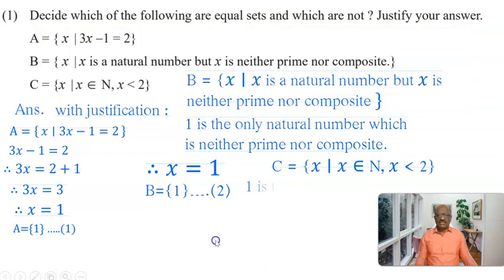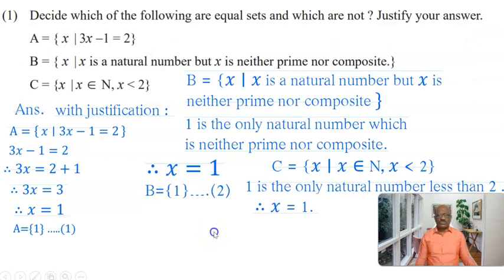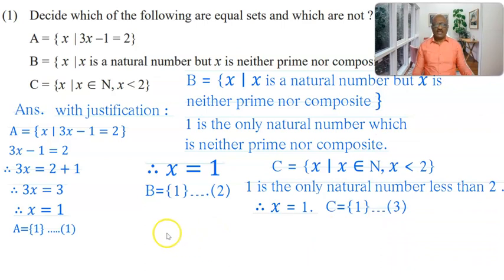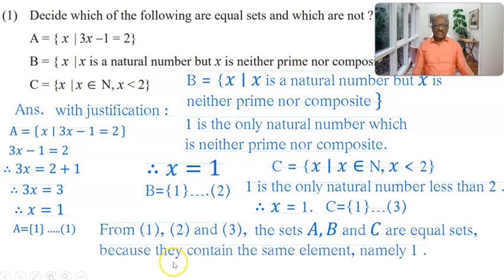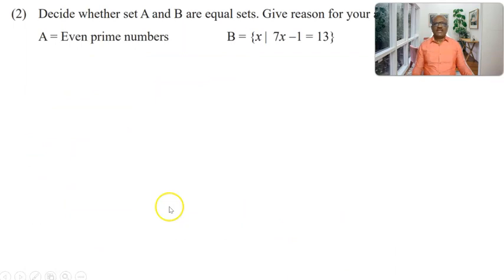Therefore C has only one element. x is equals to 1. C is equals to 1 and this is the third one. Okay. And therefore from 1 to 3, the sets A, B, C are equal sets because they contain the same element, namely 1. Okay. Now the next example.